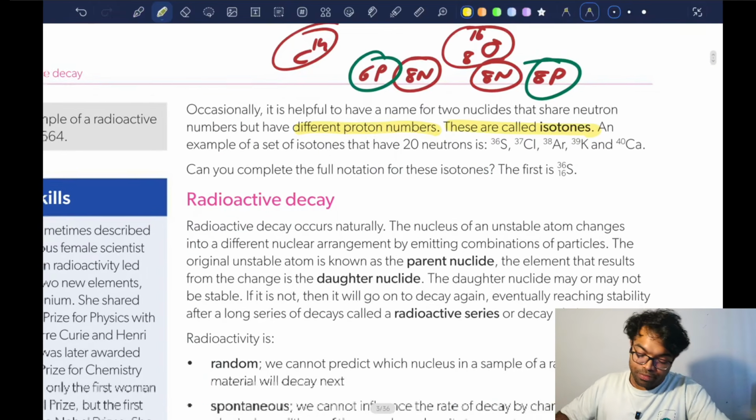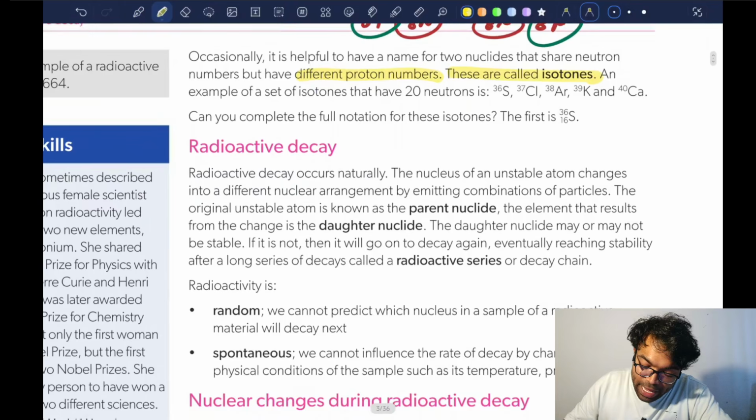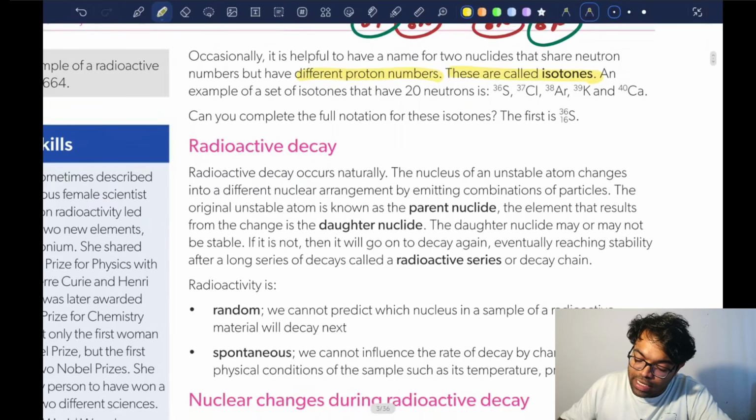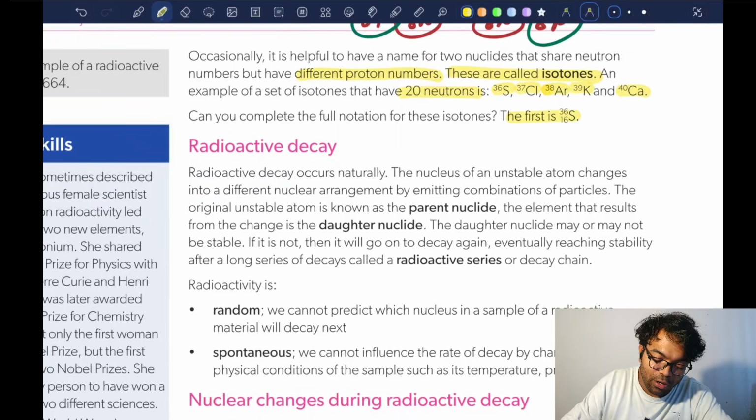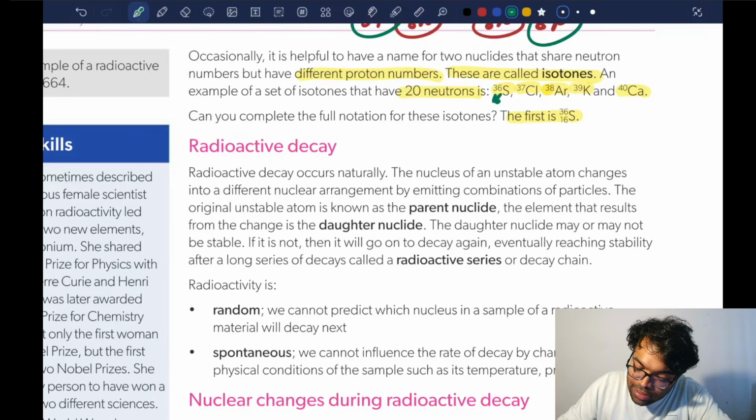Okay, let's move on. An example of a set of isotones that have 20 neutrons is sulfur 36, chlorine 37, argon 38, potassium 39, and calcium 40. Can you complete the full notation for these isotones? The first is sulfur 16, 36. Chlorine is 17, 37. Argon is 18, 38.